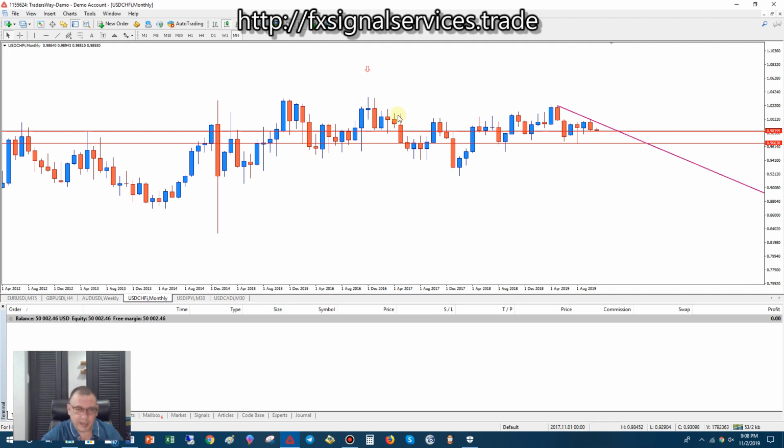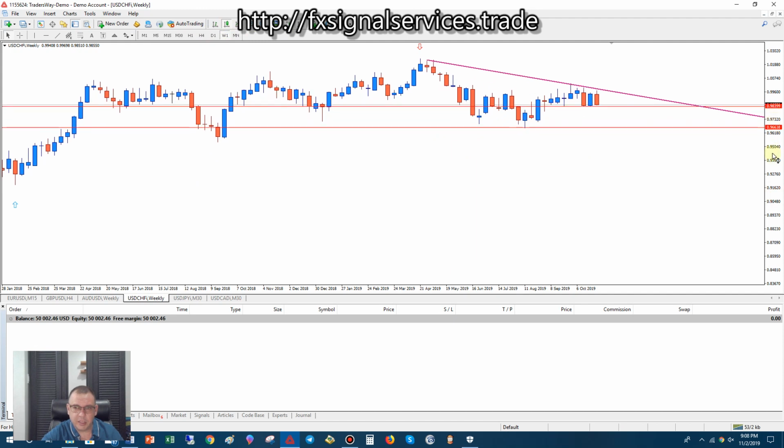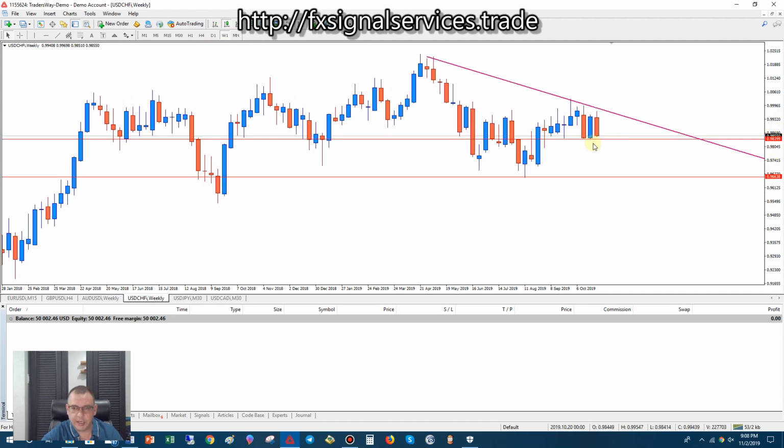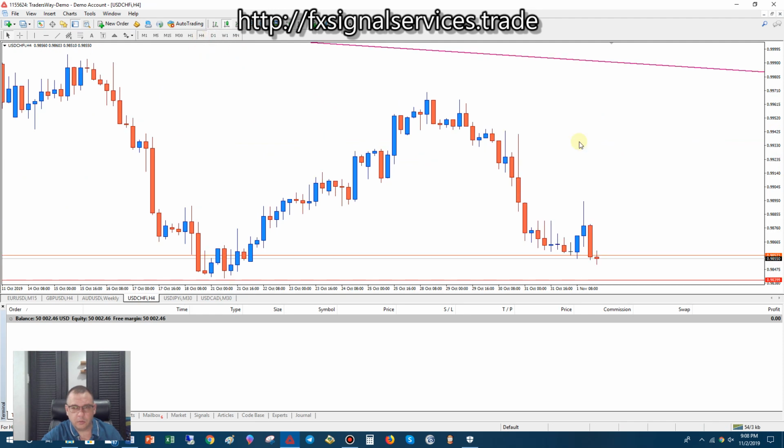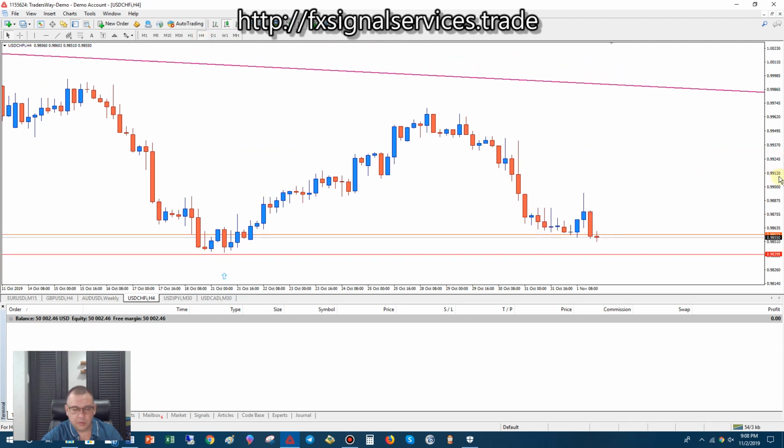So as of right now, the trend is definitely bearish, meaning it's going to be going down. The question is, and I cannot answer the question, is it going to break the support? So what I think is going to happen, and this is just me, I think we're going to see the price shoot back up again this week.